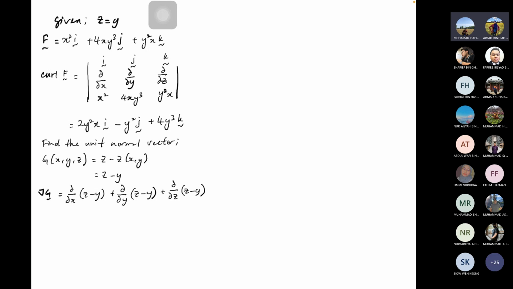So akan dapat dia akan jadi sama dengan, this is for i, j and k. So you are going to have this one is negative j plus k. So that is the unit normal vector.